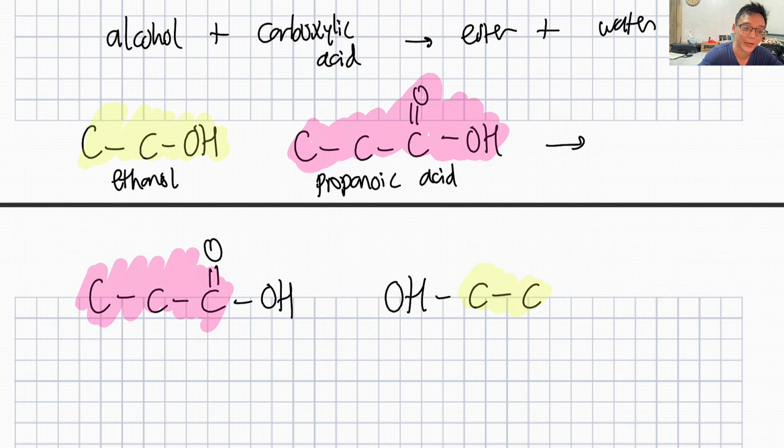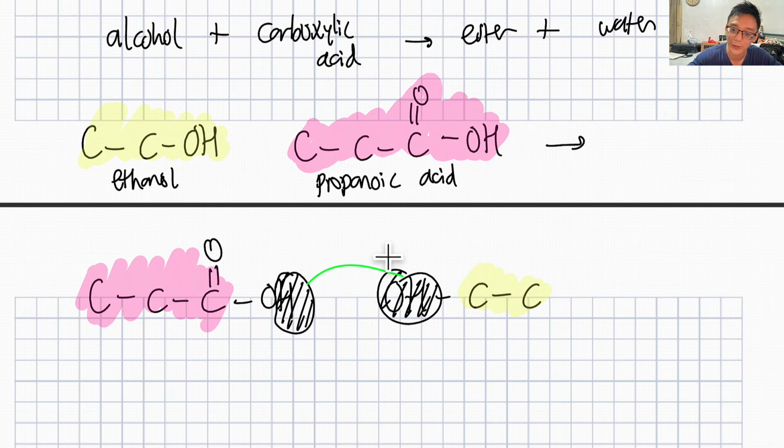Now, because they are reacting, both these OH will fuse together and they will form a longer chain. But when they fuse, they will remove hydrogen from here and OH from here to form water. So water will be removed. And the remaining bond will be something like this.